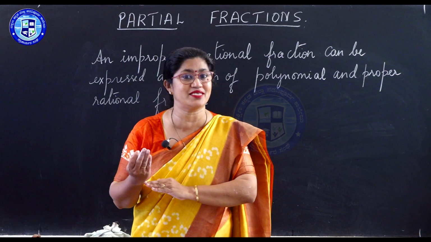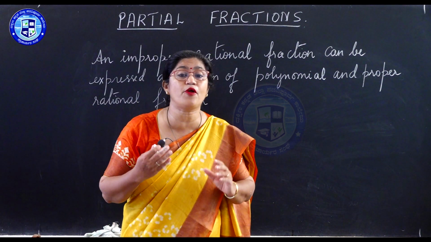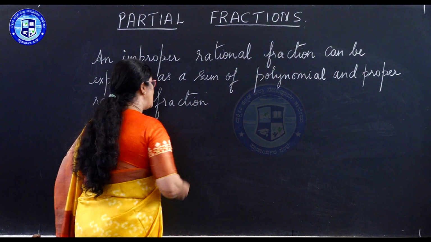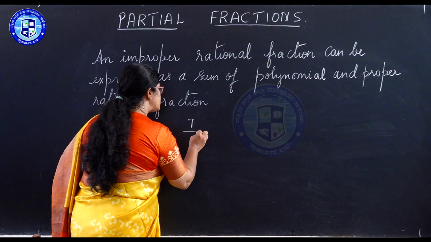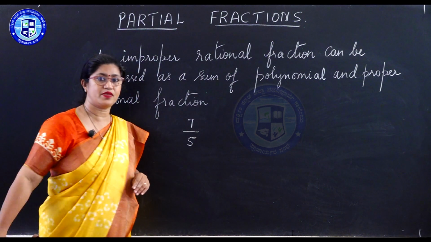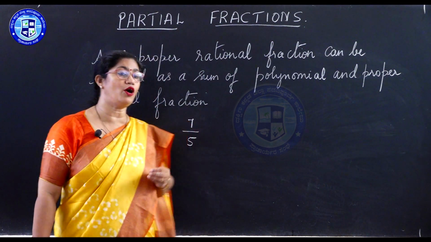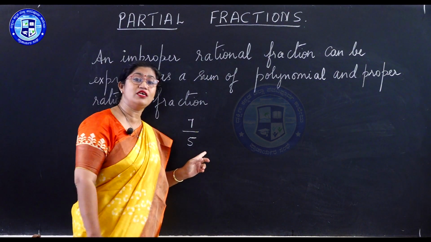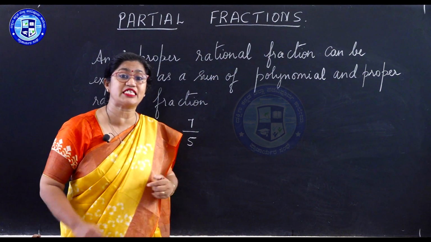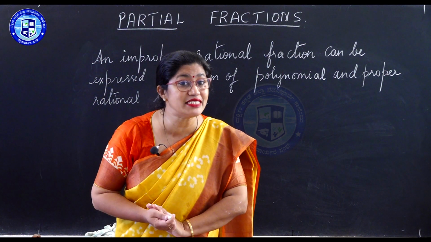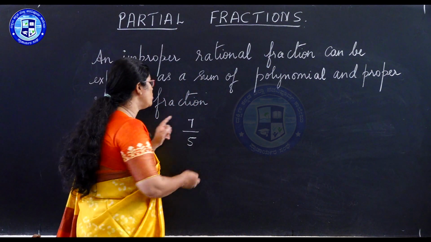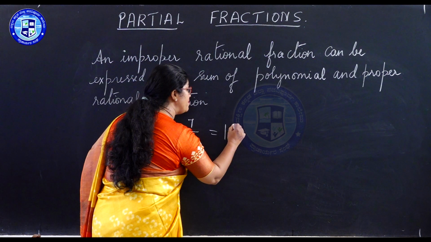Relate this to numbers. If I had an improper fraction with numbers, let me see, I have 7 by 5. Now 7 by 5 is very simple. You know how to divide it. You have also learned how to convert this improper fraction to a mixed fraction. So 5 goes once and the remainder is 2.